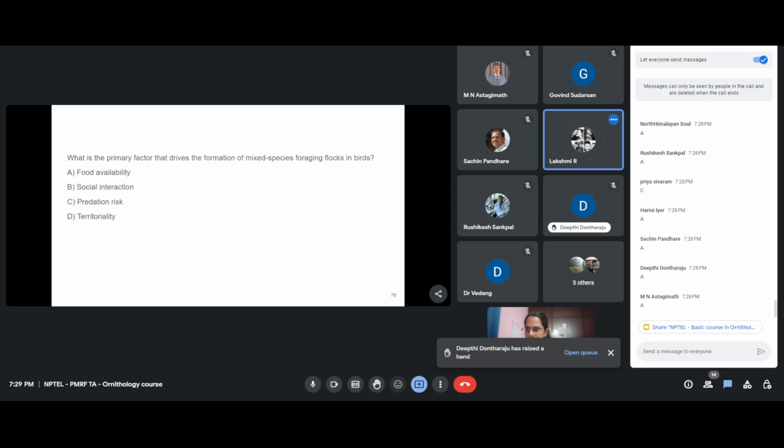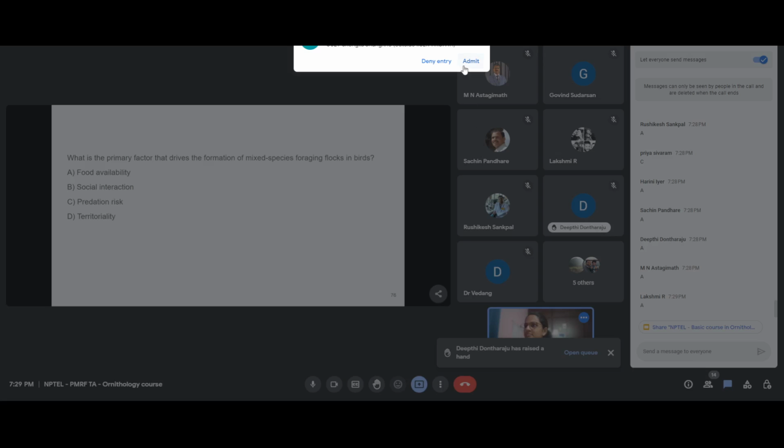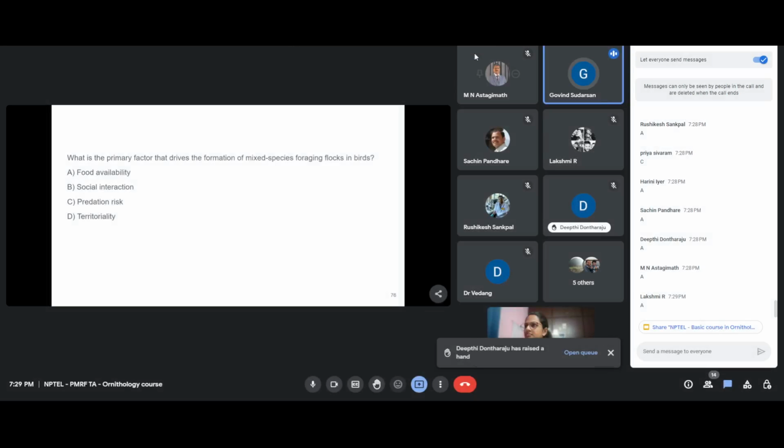Okay, so everyone's mostly gone for A. Ma'am, doesn't it also include predation as a factor? Adding to Lakshmi's point, the reason mixed species flocks are formed is to maximize food availability and minimize predation risk, right, ma'am?